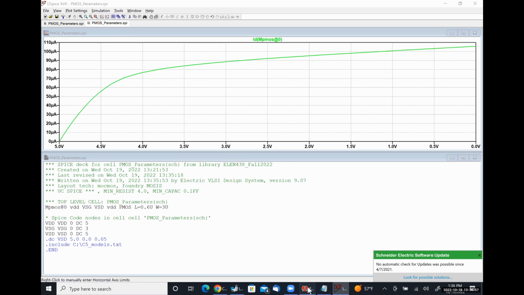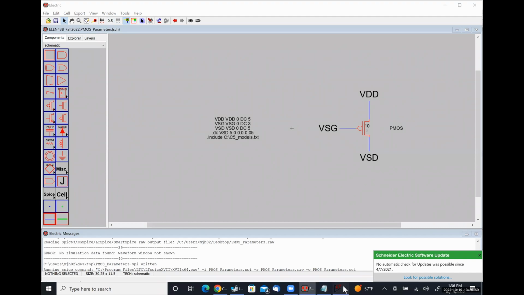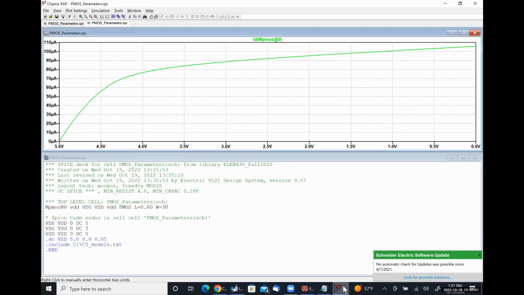Yes, okay. Times VSG minus the absolute value of VTHP, quantity squared, times 1 plus lambda VSD.